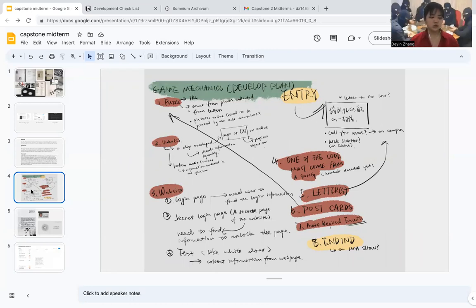So the entrance of this ARG will be a letter that the user will receive, and this is how the letter looks. They will also receive this letter in this envelope. And this letter will lead to the webpage of the fictional neuroscience lab.